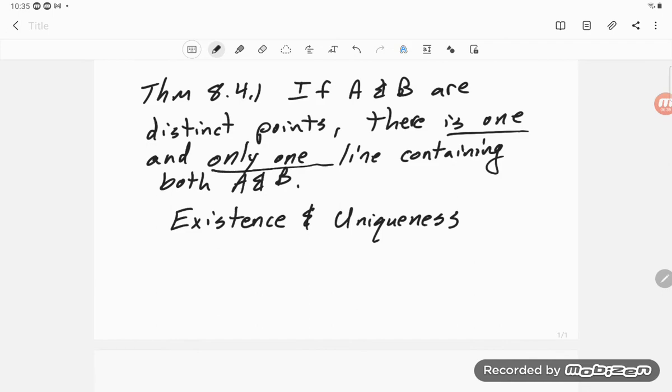So this theorem speaks to the existence and uniqueness.